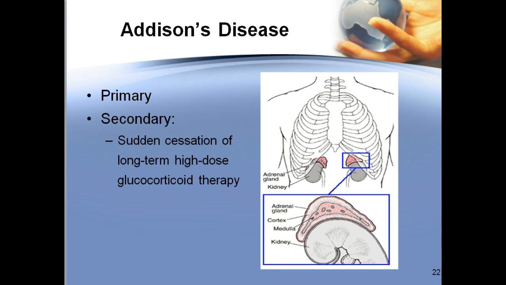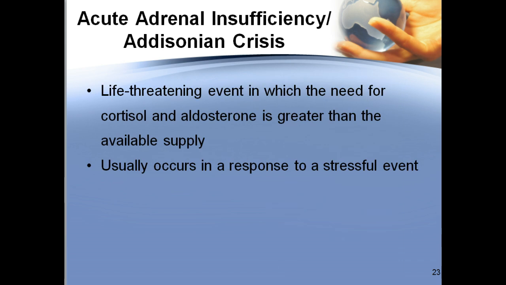Remember when I was telling you earlier that primary is usually within the gland, some type of major dysfunction, and secondary is a result of some type of trauma or some type of drug therapy. That's the reason why.